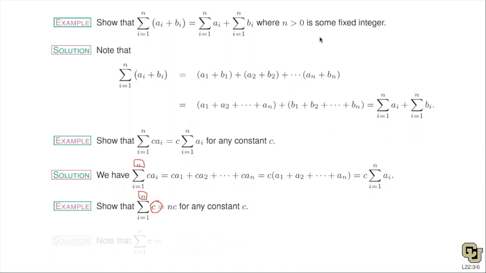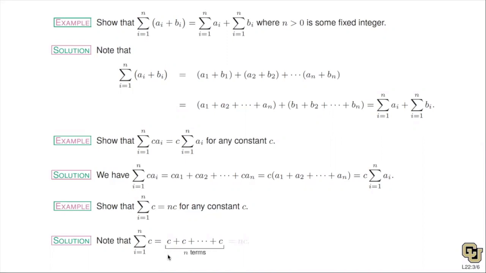If you think about what this sigma notation says, it's basically adding C to itself N times. For each of these index values, I equal to 1, I equal to 2, I equal to 3, the output is always C.